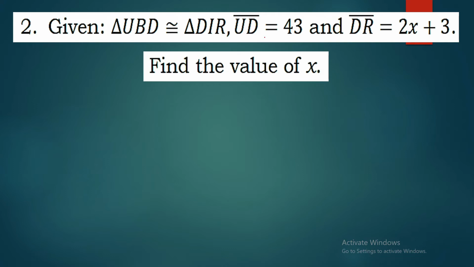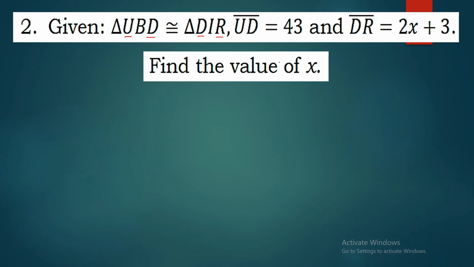But since the figure is not given, then that means we're going to base only on the given name of the two congruent triangles. So we have segment UD and segment DR.